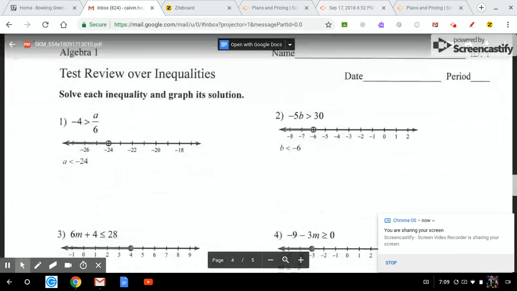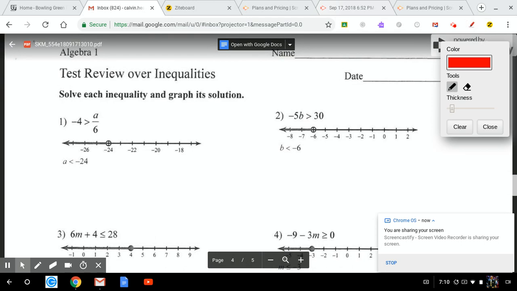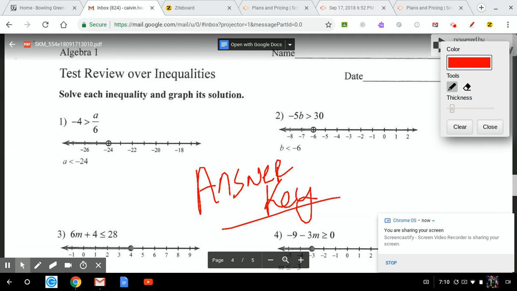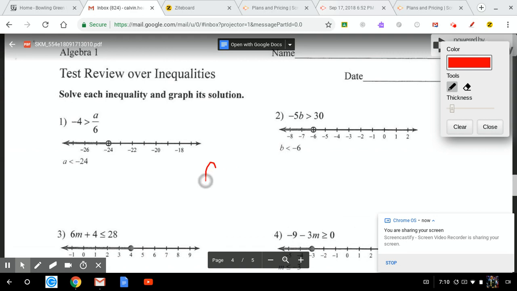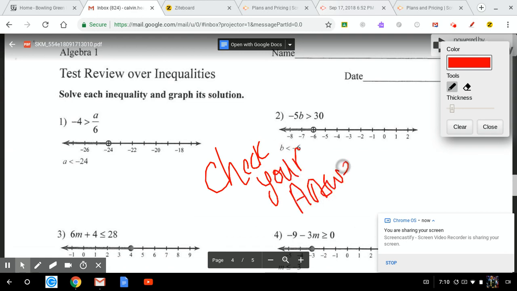Back here is the answer key. So you can check. All right. This is going to be attached in the document as well. So of course, you got to show your work, but this is a way for you to just check your answers. And so all I want you to do is just check your answers so you know if you are on target or not.